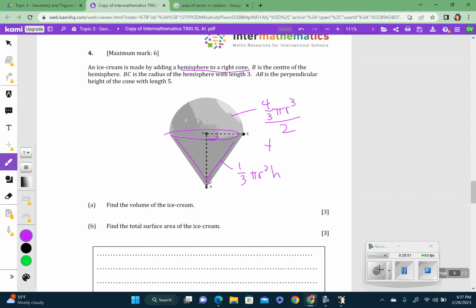So we're going to do 4/3 pi. The radius of this cone, they tell us, has a length of 3. So instead of our radius, we plug in the number 3 and raise it to the third power, and then we take this whole thing divided by 2.